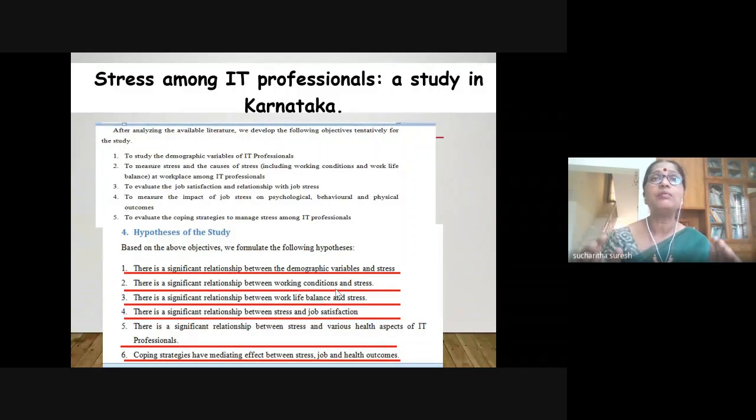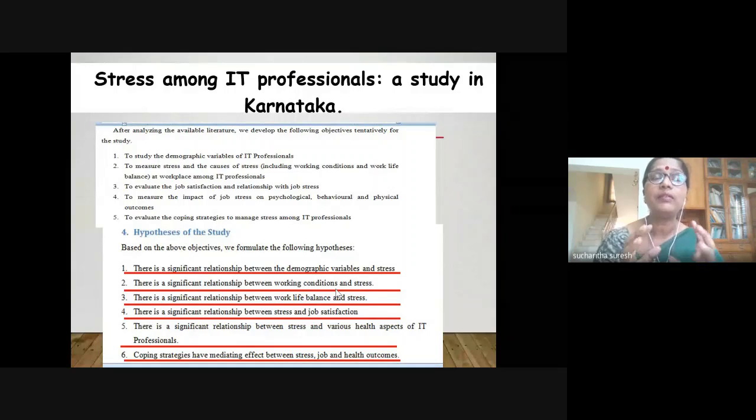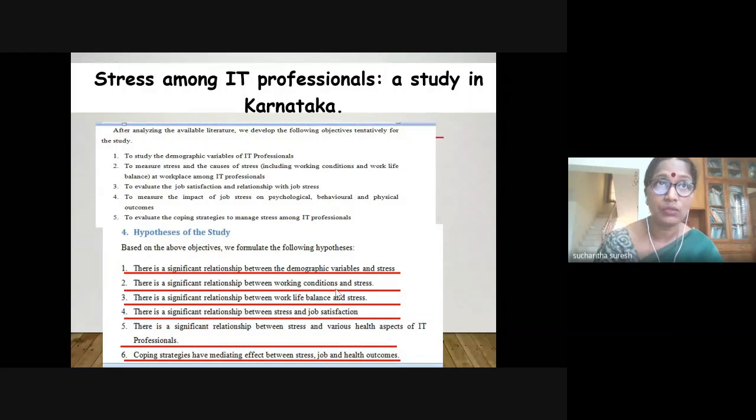When it comes to a comparison between groups, categories, or sectors, or when you want to relate something, then we can put it under hypothesis. A hypothesis is a statement of relationship, a statement of difference between groups, or a statement of association. Instead of relationship you can use the term impact, or the term correlation.